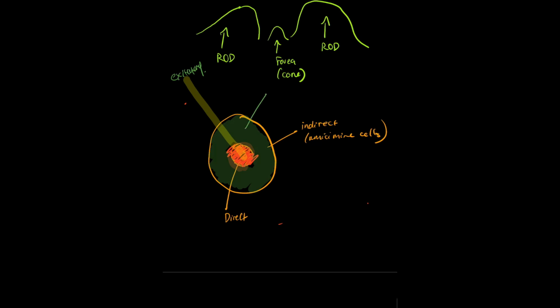And the surround, if the center is excitatory, will be inhibitory. Now, the other thing is that it's not just that way. The center could be inhibitory, and the outside could be excitatory. If the center is excitatory, it's called an on center. If the center is inhibitory, it's called an off center surround.